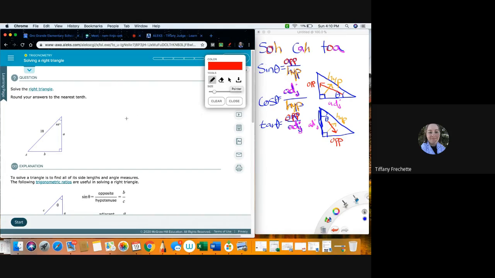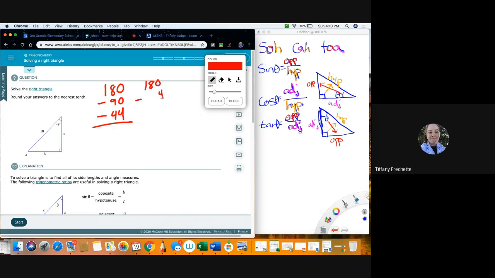So what you want to do is start going through and filling this out. First, all triangles add up to 180 degrees. Every single triangle, no matter how you draw it. So if I have two angles, all I have to do is subtract those two angles from 180, and that'll tell me what's left over for angle A. I'm going to combine these really quick because that's a little easier to subtract this way.